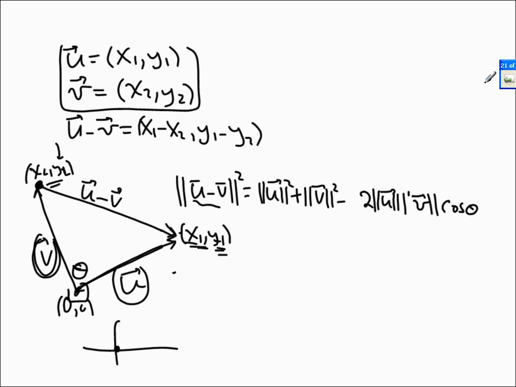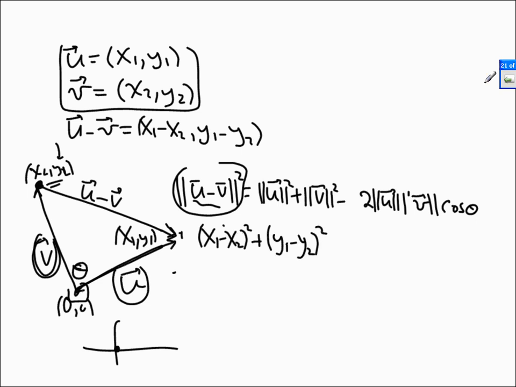Okay. Now, I want to write that point in here because I need the space out here. So now we have what u minus v is. So I could find the length. It's x1 minus x2 squared plus y1 minus y2 squared. I don't take the square root because actually I don't want the length. I want to square the length.